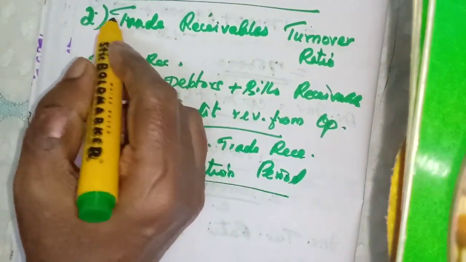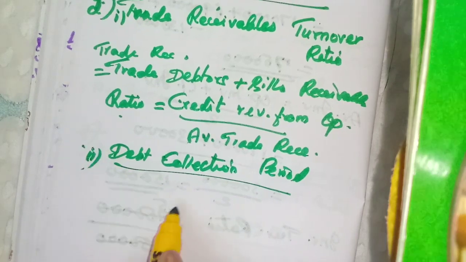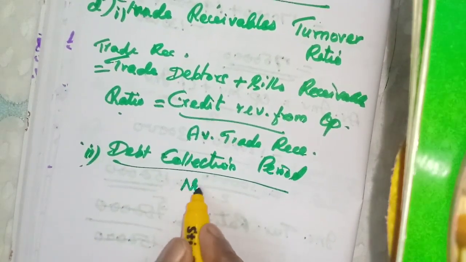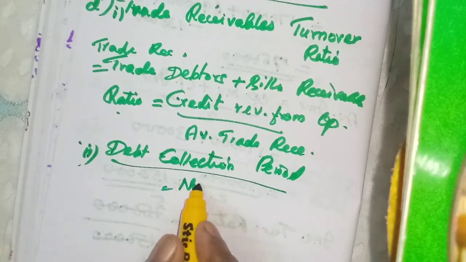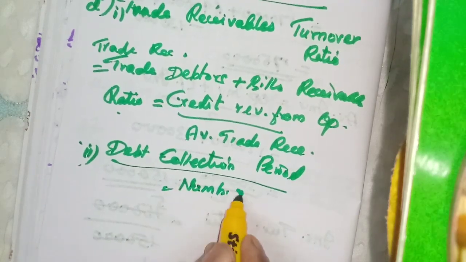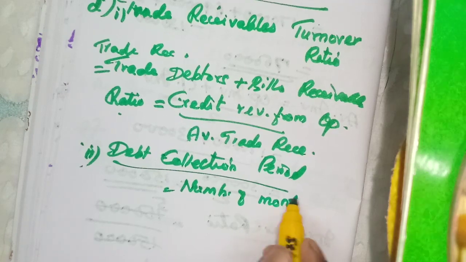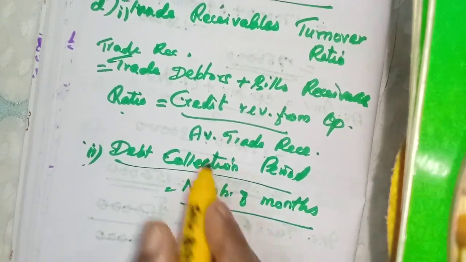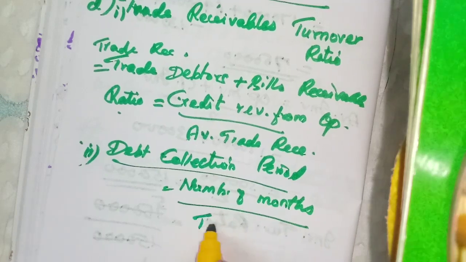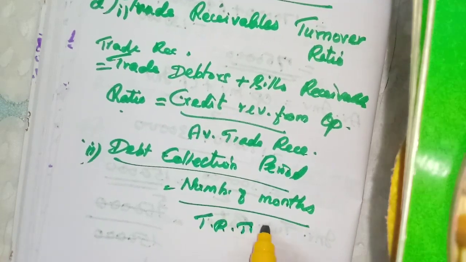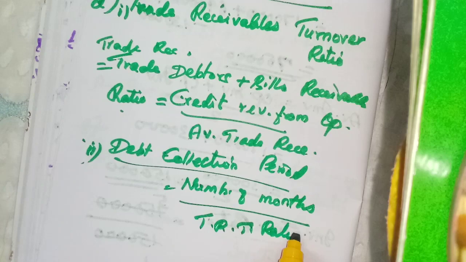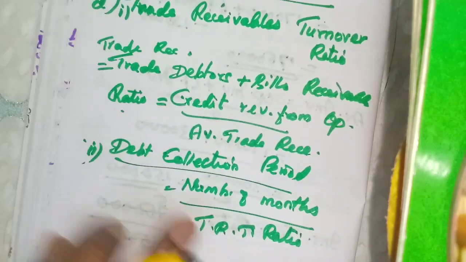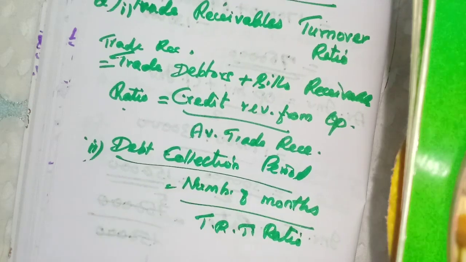Each one has two parts. So either in days or in months: number of months in a year divided by trade receivable turnover ratio. We have to calculate, and what we have calculated, you have to put down here the number of months.